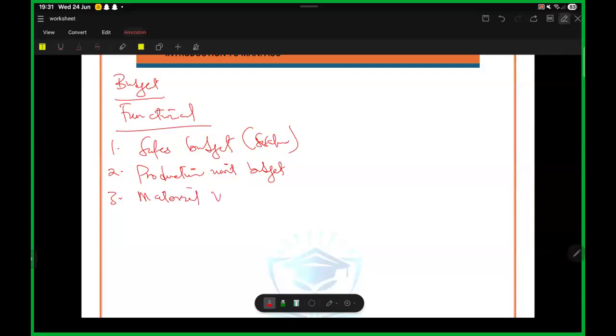So the material usage budget, which we are going to prepare in this question. After you know the materials you will need, we prepare the material purchases budget.